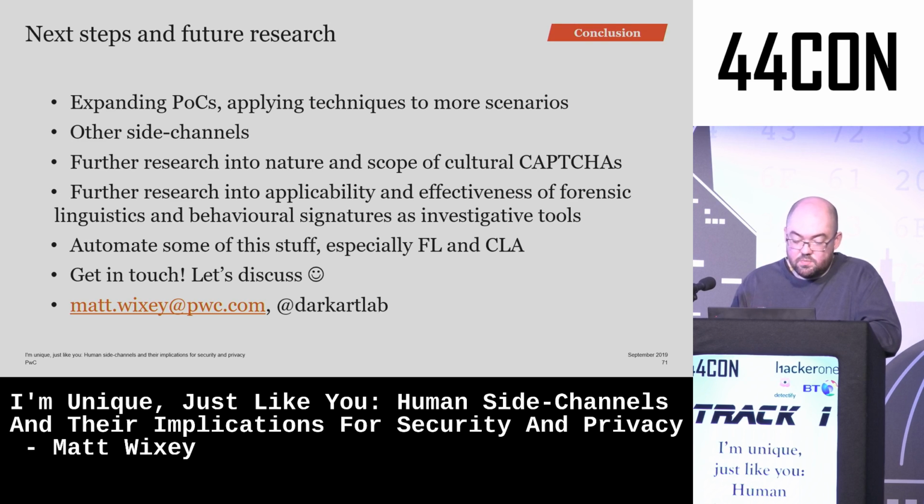So not the actual stuff that they're typing, but their speed and pauses and that kind of thing, which has previously been suggested as a biometric authentication mechanism, but could be interesting. Taking that forward, looking further into cultural captures and the scope of those, automating some of this stuff, particularly forensic linguistics and case linkage analysis.